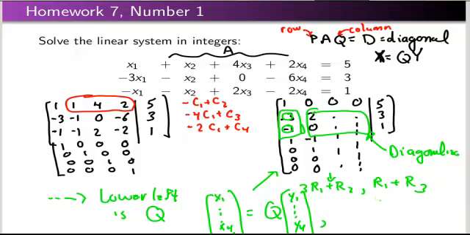You'll have some diagonal entry d1 y1 equals b1, and d2 y2 equals b2, etc. And you just go ahead and solve the system. You can read a complete worked out example in the notes.